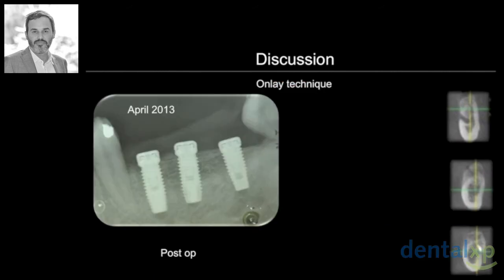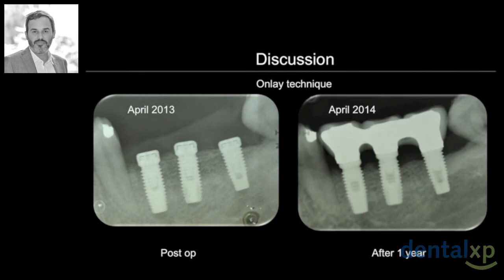This is the X-ray after implantation, and we had no problem. But the question to ask is, how stable will this bone be over time? Look, after 1 year of loading, we had an important bone loss.